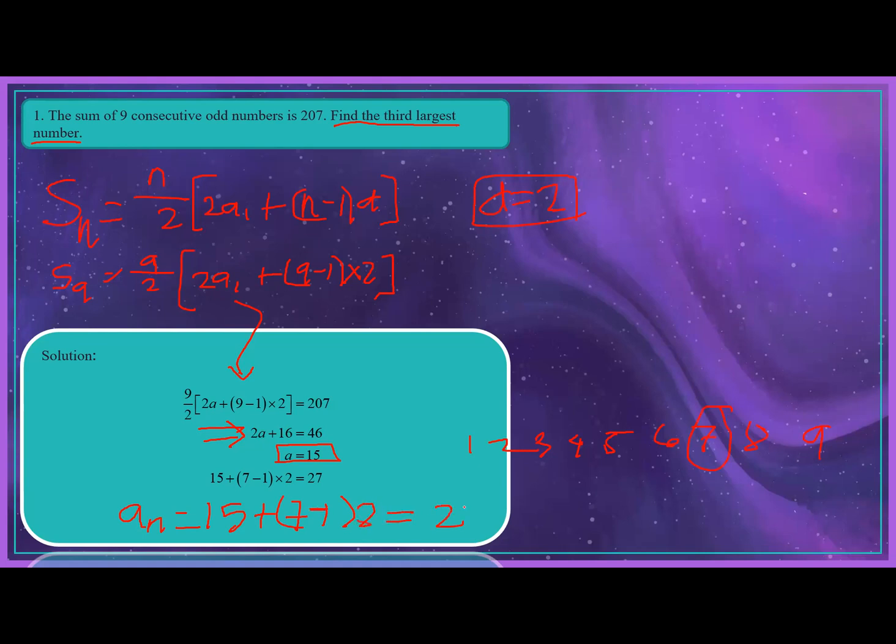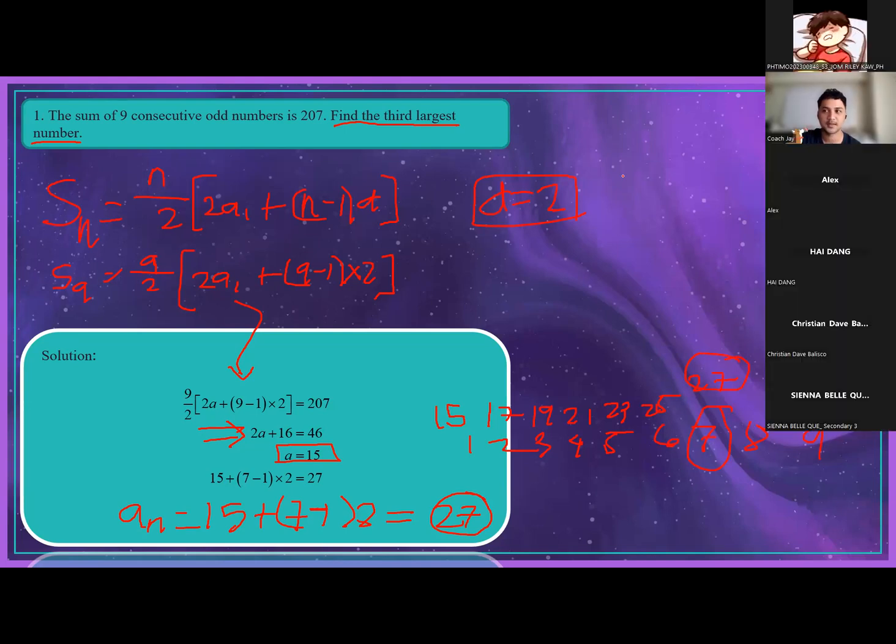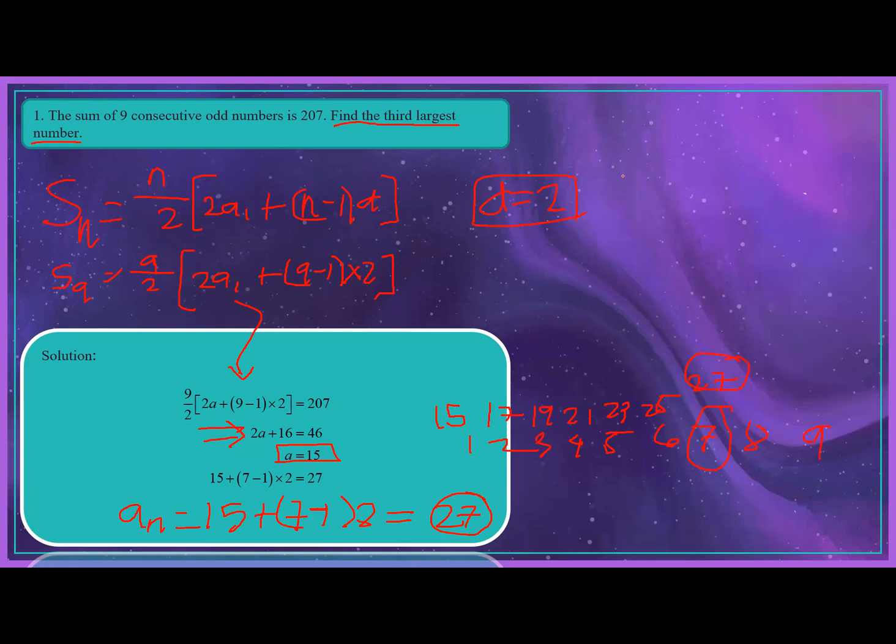So we have 27. Or if you don't want this solution, you can just go by putting 15 as the first term, then 17, then 19, 21, 23, 25, and 27. Okay. So any question? Okay. Yes, everyone got this one.